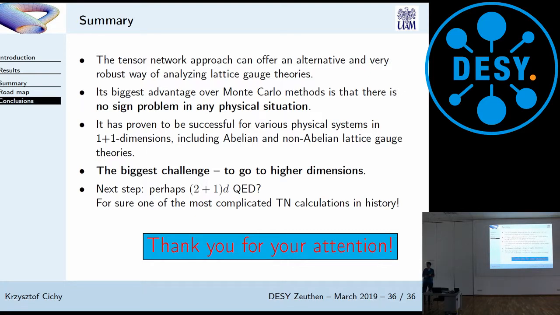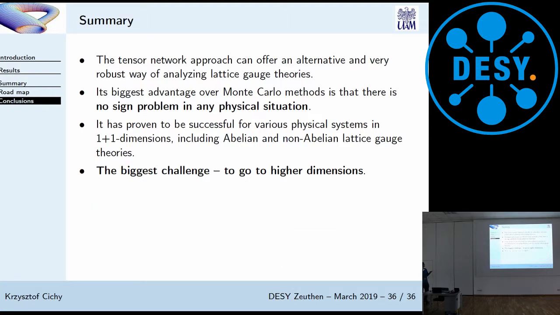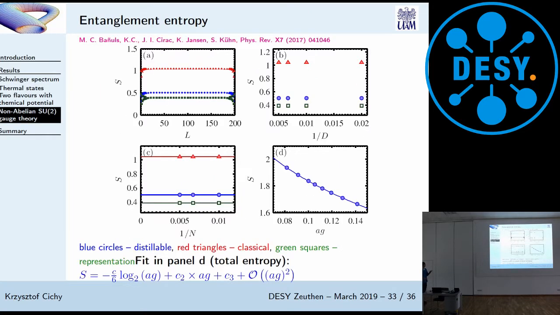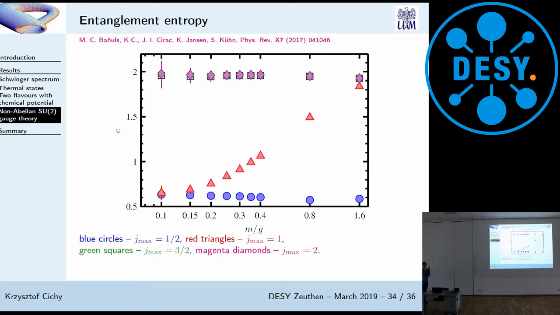Yes, I have a similar question. Can you go back to your entropy calculation? Do I understand correctly that even in the J max equal 1/2 case, you do have a critical scaling? Here it's actually unclear.